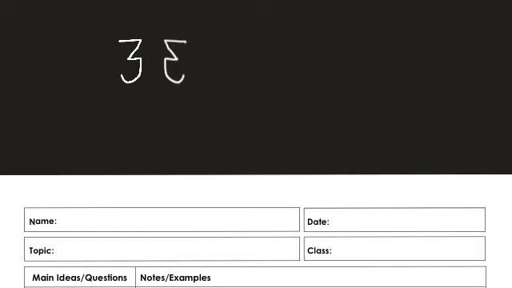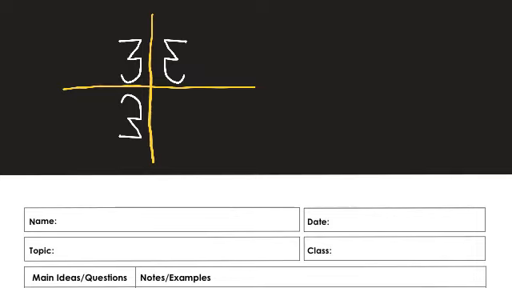Or you can flip over the x-axis, depending on where you place your object. And these are two types of reflections.